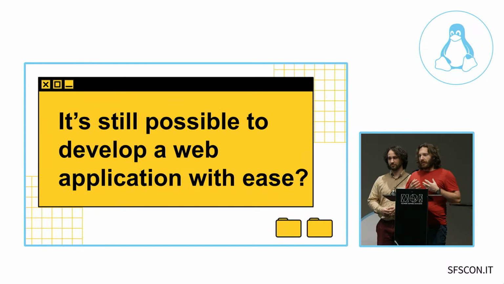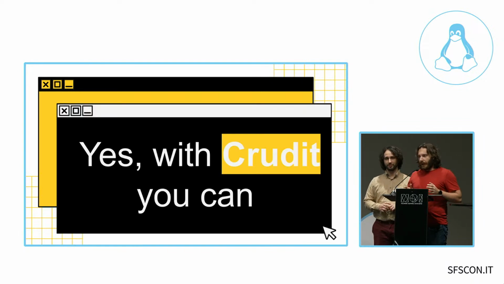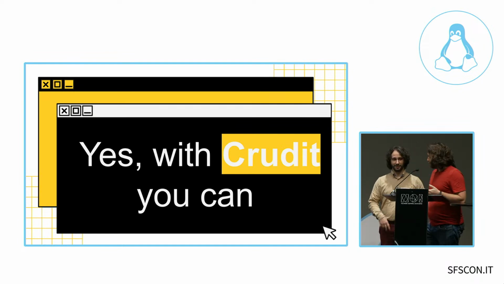Well, the question is: is it possible in 2023, with all these architectures, to develop a web application with ease? Of course, yes, we can with CrewedIt. That's the framework that we are going to present today.